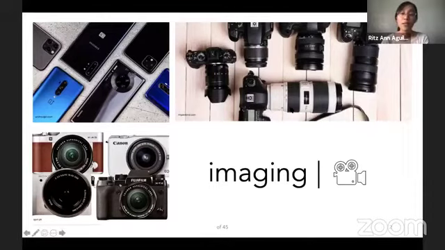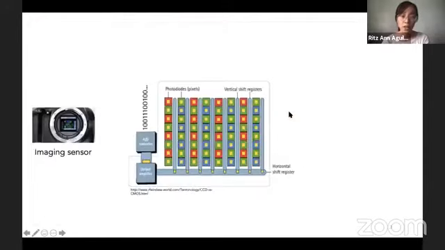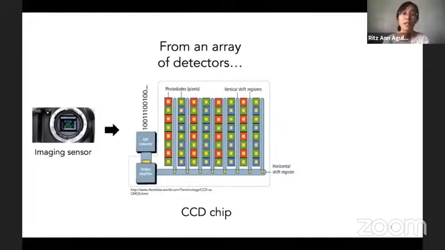So when we try to remove, for example, the lens in here, what we'll directly see is the imaging sensor, which is the one that's converting optical signal to electrical signal. So it's usually made of a CCD chip or a CMOS chip, and that looks like this. So it has RGB components, and usually they have a range from 1 megapixel to 24 megapixels nowadays.